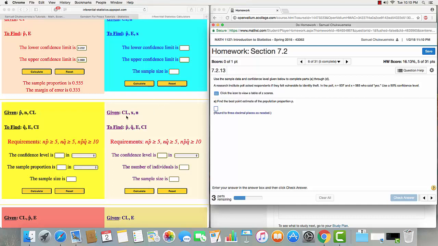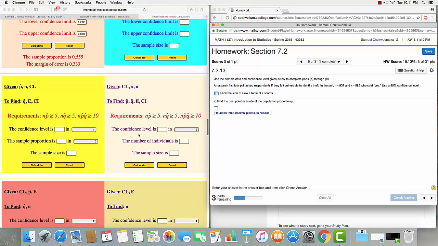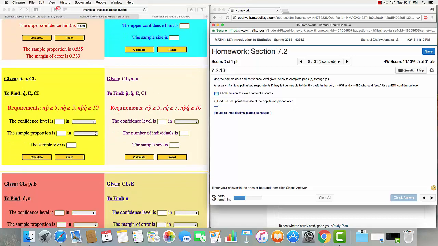So they gave us the confidence level, the X, number of individuals, and the sample size. And they want us to find the best point estimate, P hat.